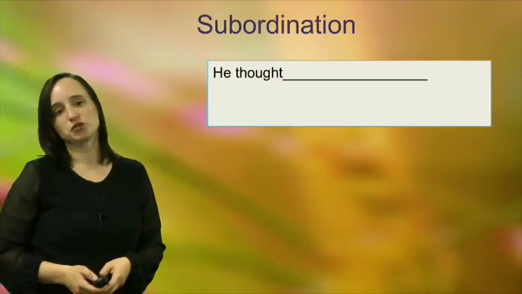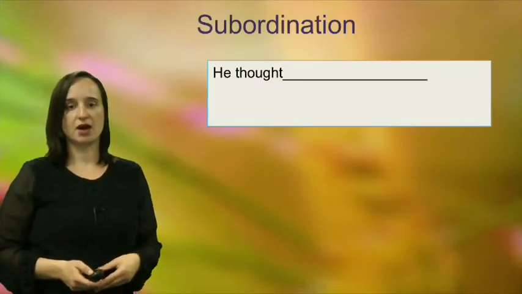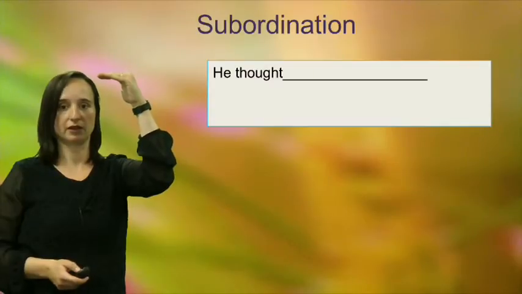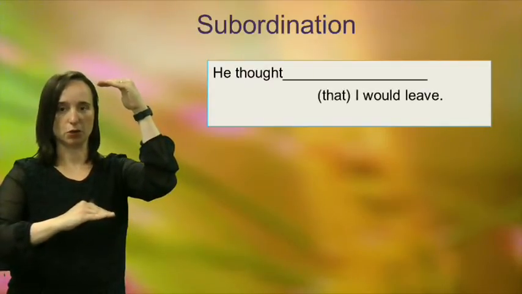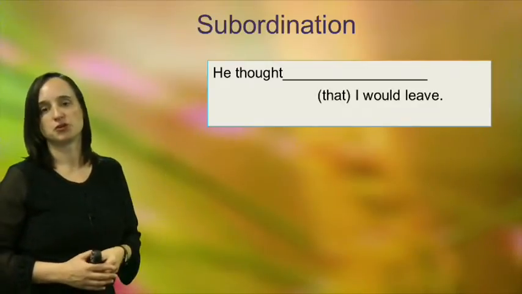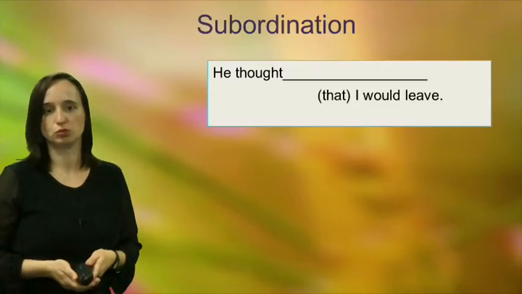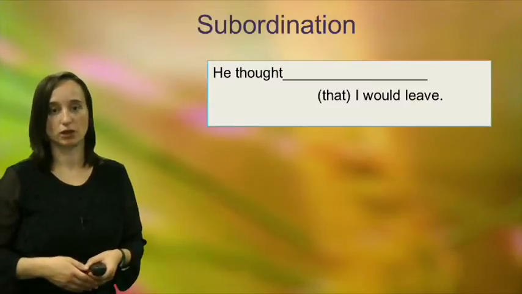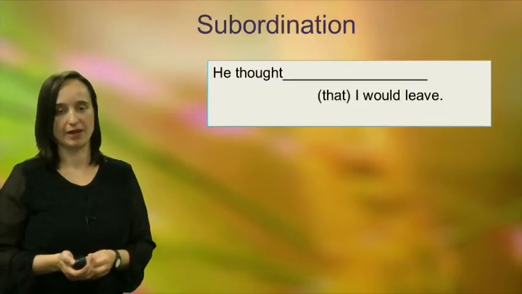And when we want to present it in the same way that we did earlier with X and Y, we can say our main clause, he thought something, is at the top, and our subordinate clause, that I would leave, is below. It appears below this line just because it appears in the part where the object would be. He thought something, he thought it. What is it? Well, that I would leave. So the subordinate clause is part of the main clause, in a way.